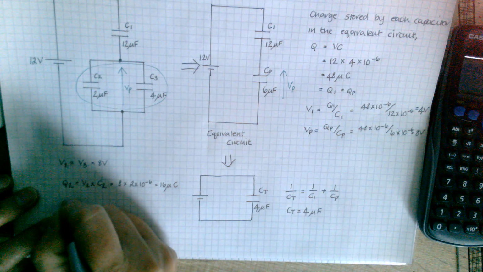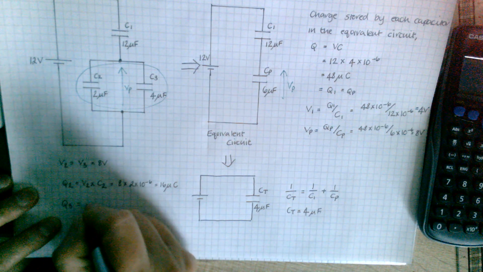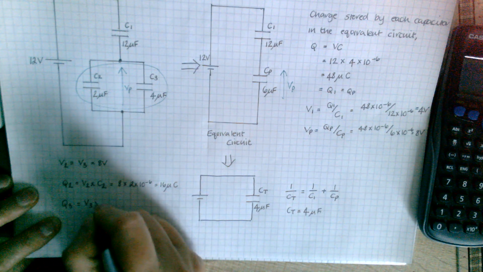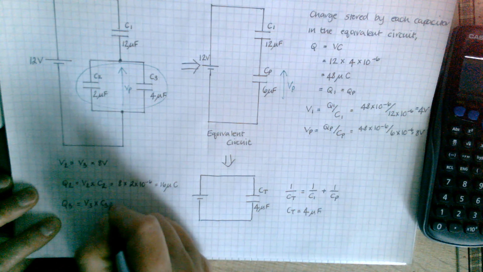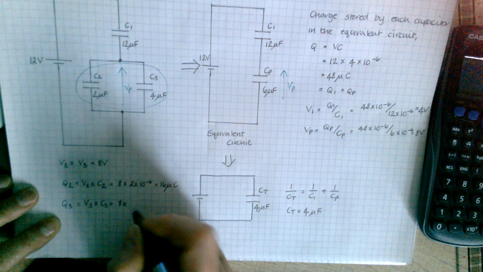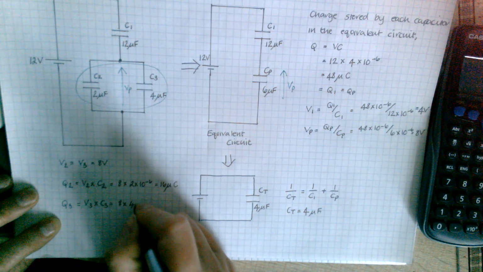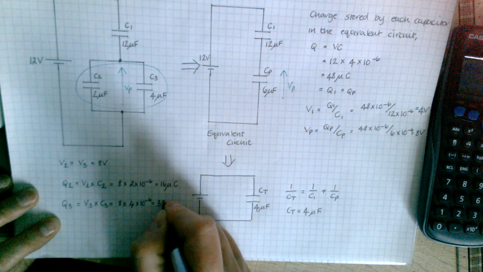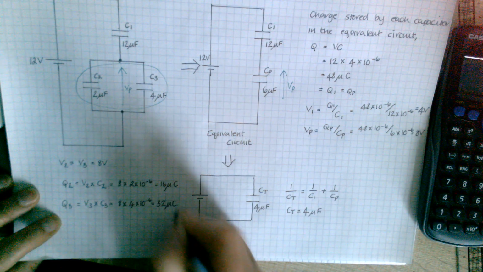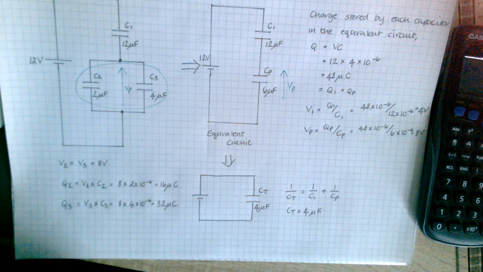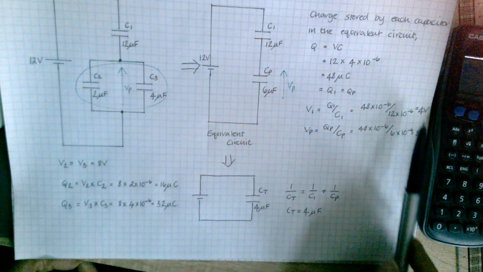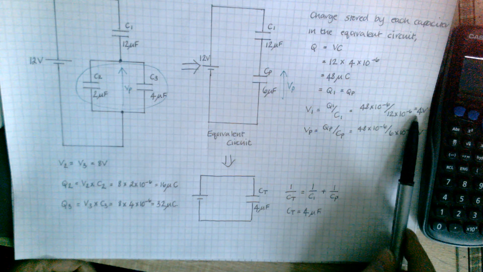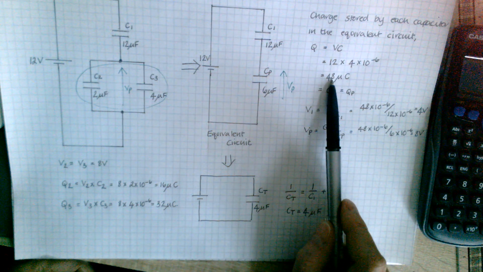Then for my Q3, V3 times C3, 4 microfarads, so 32 microcoulombs.